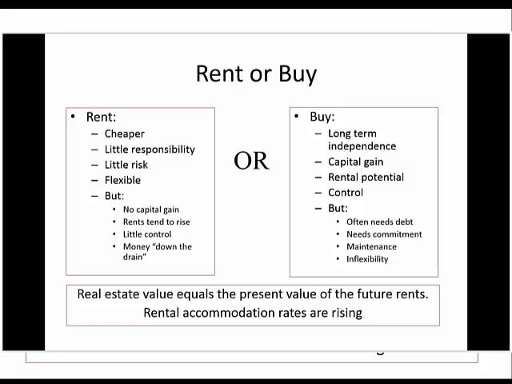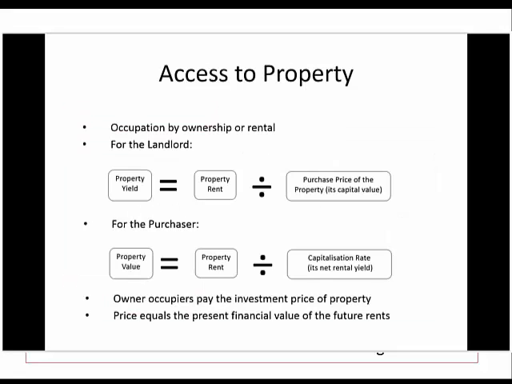Overall, when we compare the attractions of renting versus buying, the overall value comparison reveals an interesting underlying relationship, and that is that real estate value equals the present value of the future rents. What this means is that as you go to buy a property, really what you're paying for is that whole series of rents off into the future.